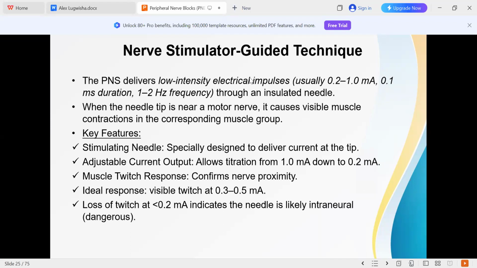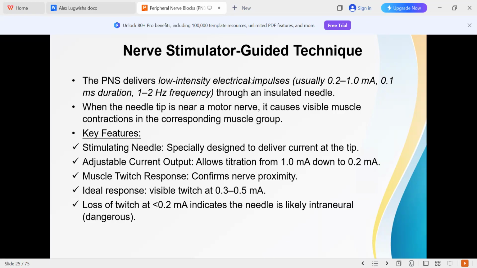So let's quickly look at the nerve stimulator for those of us who have it, and it's a good expertise for us to acquire. The peripheral nerve stimulator delivers low-intensity electrical impulses, usually between 0.2 to 1 milliamps, with a duration of 0.1 milliseconds at a frequency of 1 to 2 hertz.